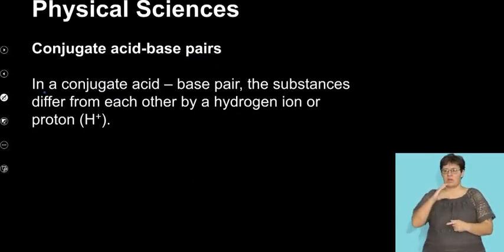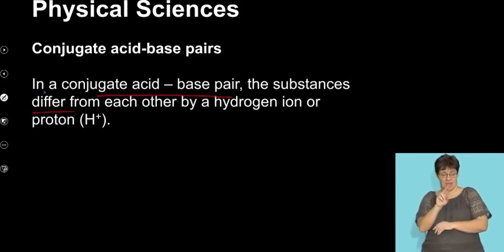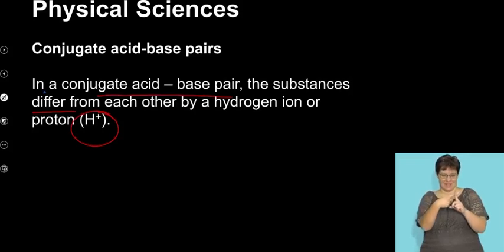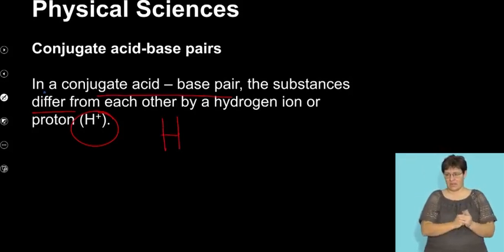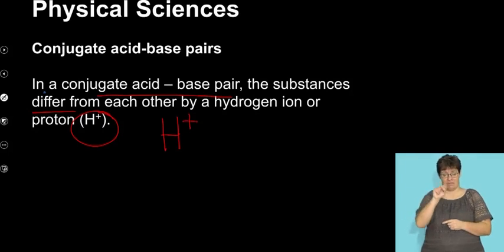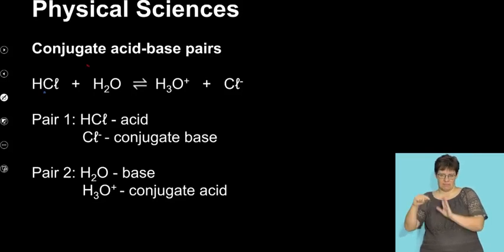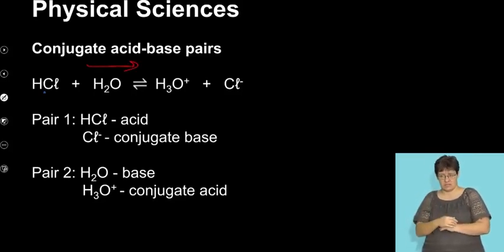So in a conjugate acid-base pair, the substances differ from each other by one hydrogen ion, which we also call a proton. If we look at hydrogen chloride and water forming hydronium ion and chloride ions, in the forward reaction, hydrochloric acid is the acid and water is the base.